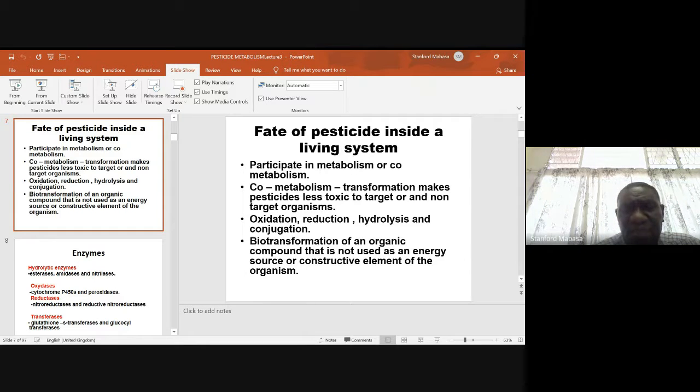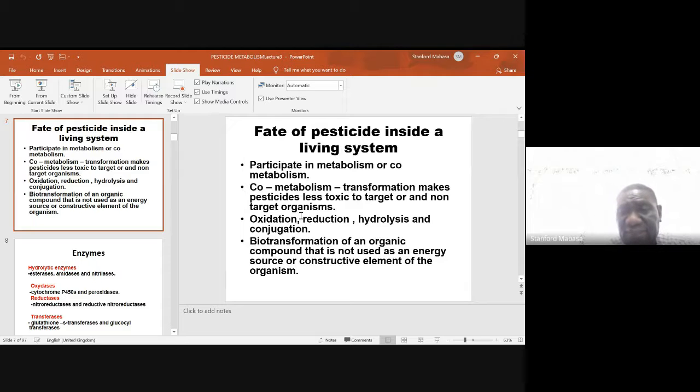And these are some of the reactions which are likely to take place. First, we've got oxidation. Second, we've got reduction. Third, we've got hydrolysis. And the fourth process is conjugation.